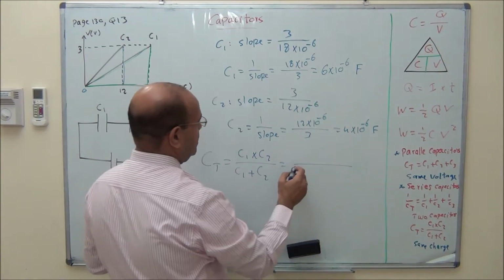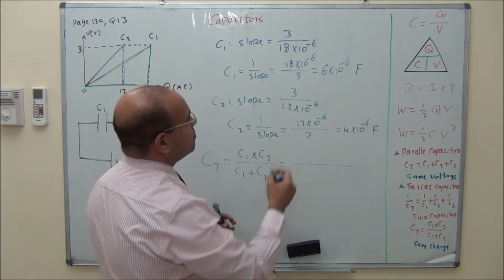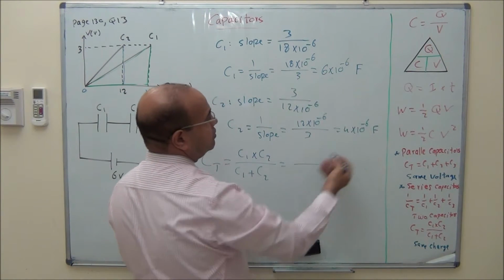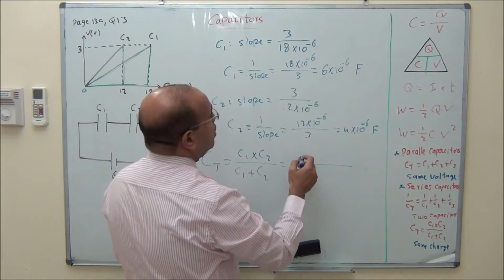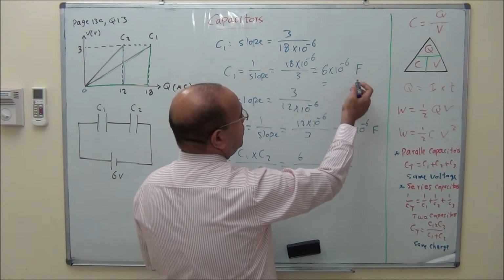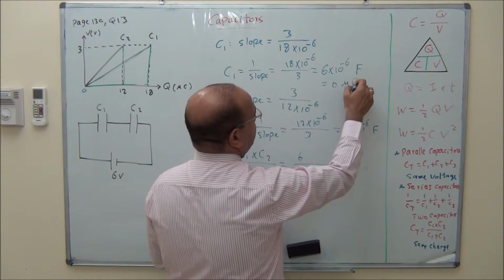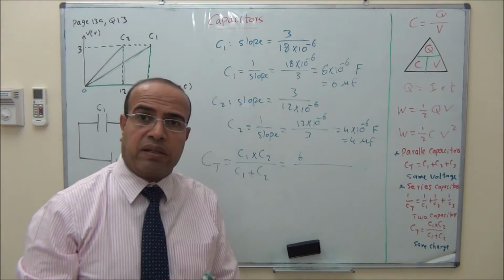C1 equals 6 and C2 equals 4, all in farad times 10 to the power negative 6, so we can say 6 microfarad and 4 microfarad. It's better to write them in the same unit to make the calculation easy.